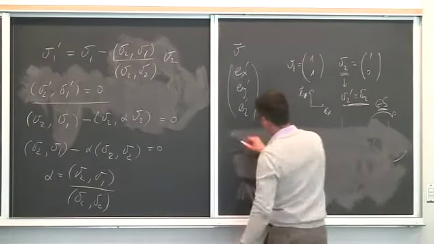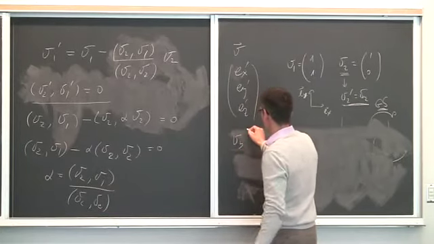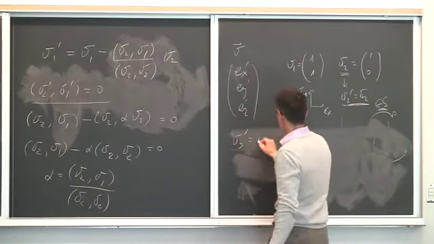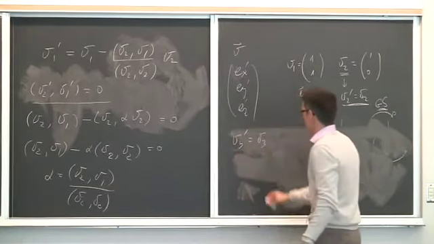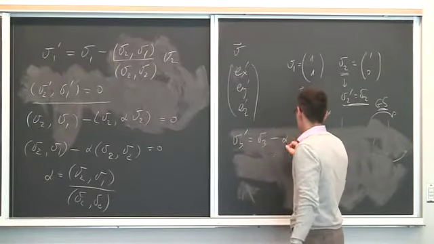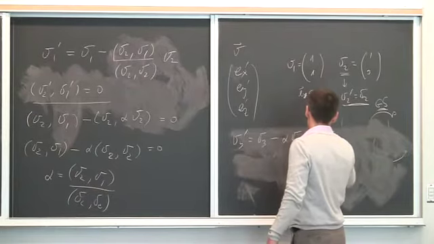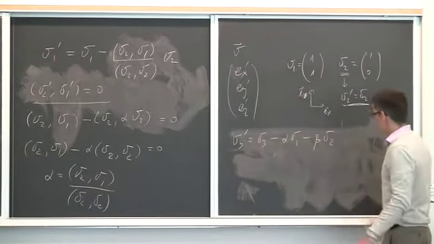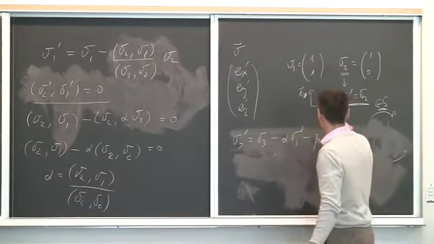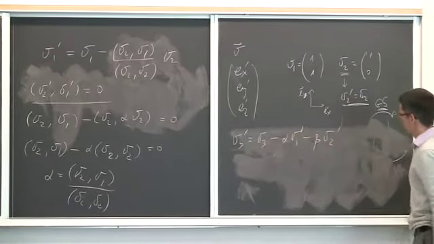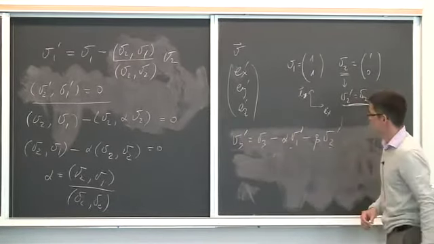Say we have V3 to modify. We take V3, and we subtract alpha of V1 and subtract beta of V2. These are already orthogonal to each other, right?